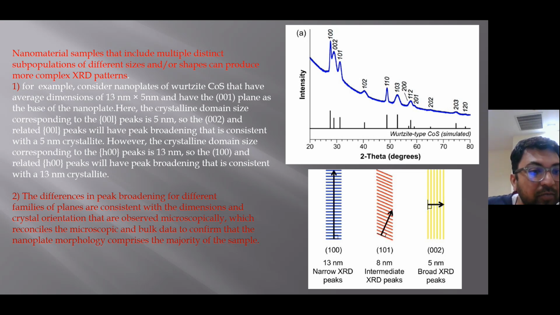And the second point is the difference in peak broadening for different families of planes is consistent with the dimension and crystal orientation, as we see in the first point, which reconciles the microscopic and bulk data to confirm that the nanoplate morphology comprises the majority of the sample.